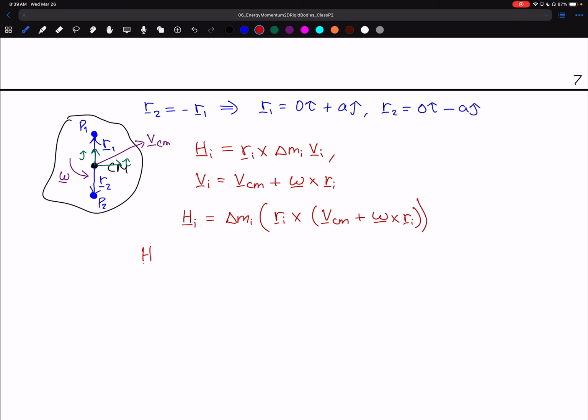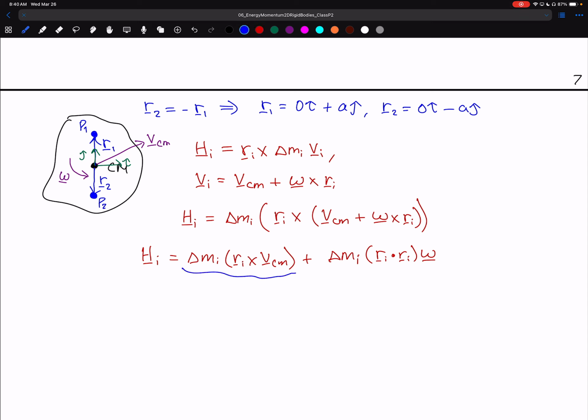Such then that H_i is equal to delta m_i times r_i crossed with v sub cm plus delta m_i, let me rewrite that, r_i dotted with itself times omega, and I just pulled that from what we saw previously. I just skipped some steps there. Okay, we're going to focus on this first term.